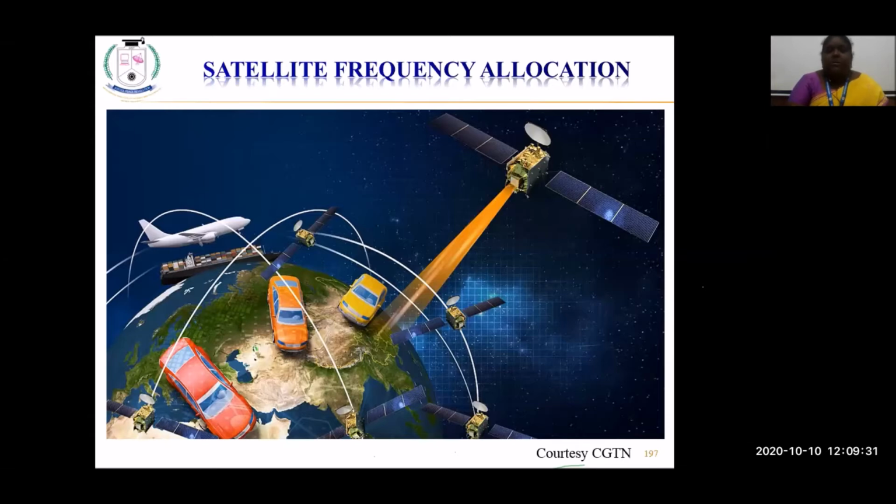The signal transmitted from the earth station to the satellite is called the uplink signal, transmitted at the uplink frequency. The signal transmitted from the satellite to the destination is called the downlink signal, transmitted at the downlink frequency.